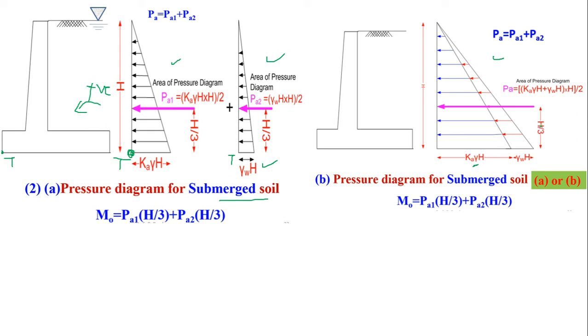But we can see here, while calculating the value of Pa, they have considered the entire triangle. What is the area of this entire triangle? Half base, where the base is Ka into gamma into H plus gamma W into H, and height is H. All together that gives us the value of Pa, and the position we know is H by 3 from the base, and from that we calculate the moment.